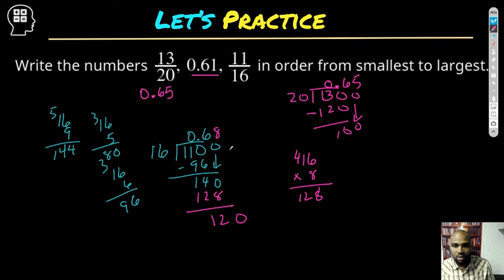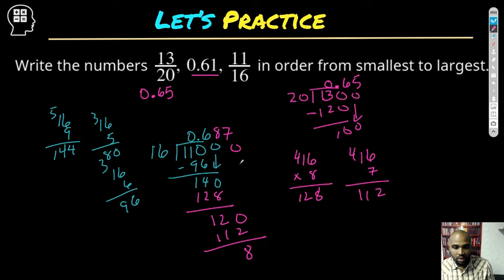I probably don't need to go any further, but I'm going to make sure I get this last piece here. 16 goes into 120. What's the closest we got? 7 times, because I can see that 16 times 7 is 112, and I have an 8 remaining.